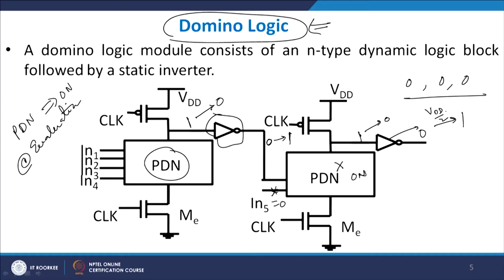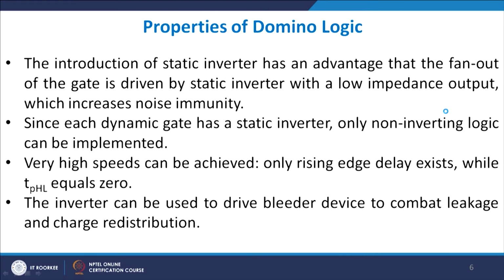So, the noise margins are typically very high, and as a result you will have higher signal to noise ratios available to you. So, this was basically the domino logic diagram which I have shown to you. This is basically a PMOS and NMOS dynamic stage followed by a static inverter.